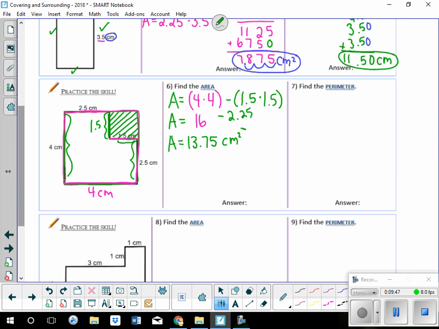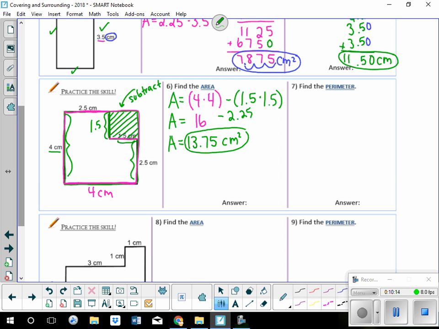So once again, I started off by finding the area of this whole piece, and then I subtracted that little part that wasn't there. Okay, so let's find the perimeter. I count up a total of 6 sides. So as I'm stacking everything, I'm going to go ahead and just make sure that I have 6 different values. I'm going to start with this 4 right here, and then just go around clockwise.